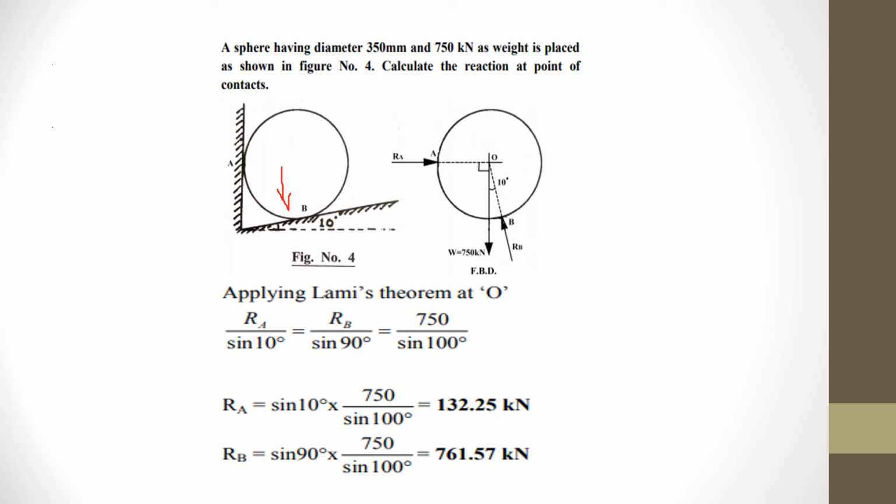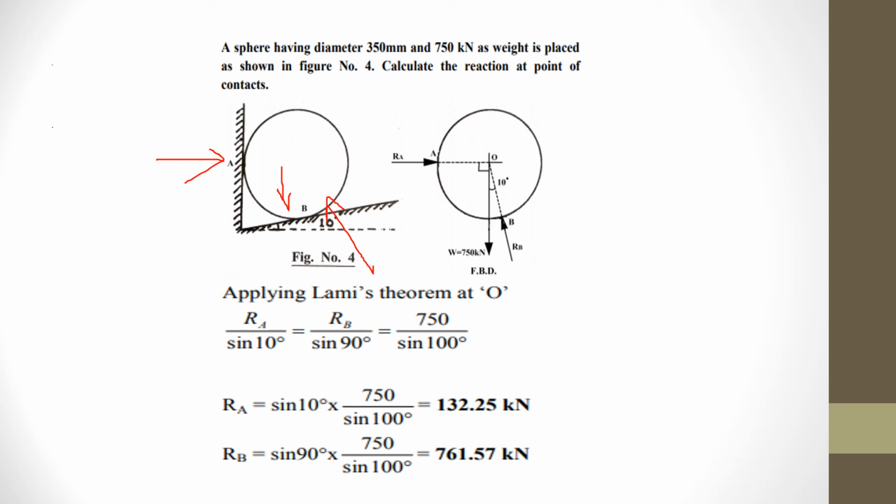Now there is a reaction at point A and at point B like this. So we will draw the free body diagram like this.